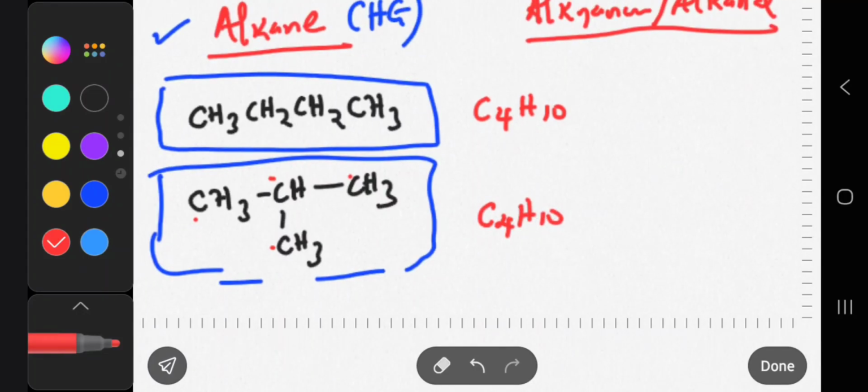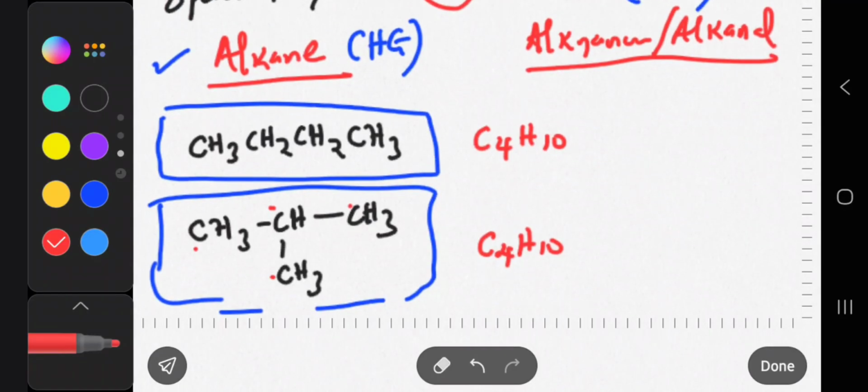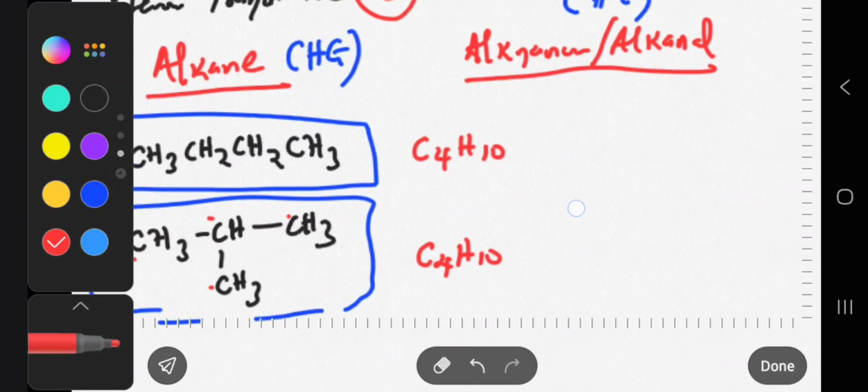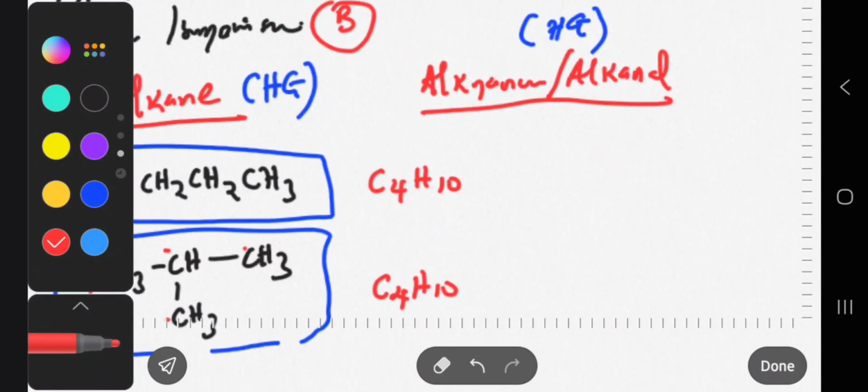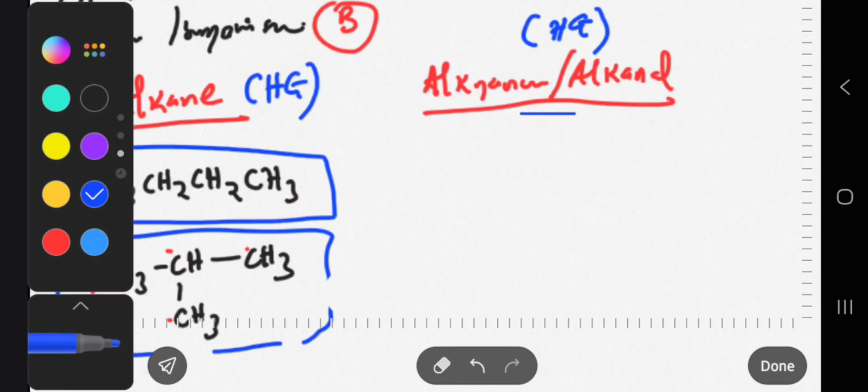As you can see, the same member in a homologous series, alkane, can exhibit structural isomerism. Then we can also have isomers from different homologous series, that's a different family. Let's look at an alkanone and an alkanal in this case, where structural isomerism also exists.